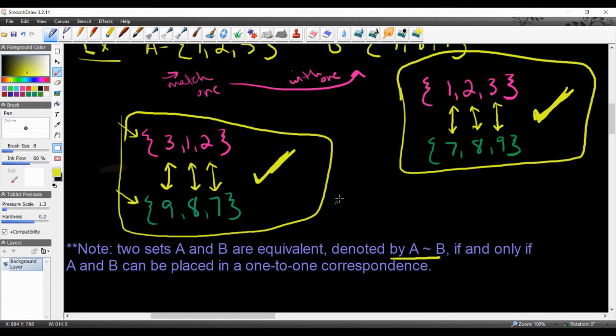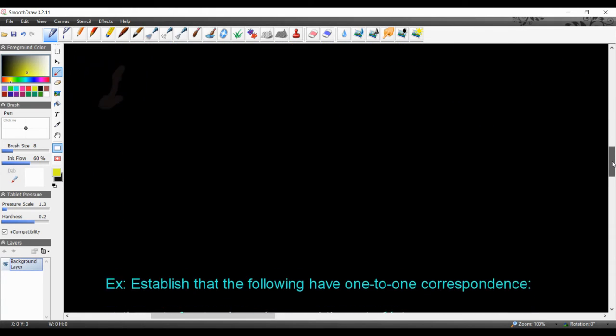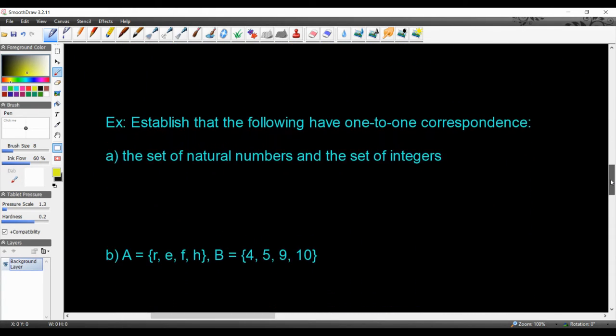Remember that equivalent means the same number of elements, and we saw that in a previous lesson. So if you can show that something is one-to-one, like we just did, then that proves that the two sets are also equivalent.